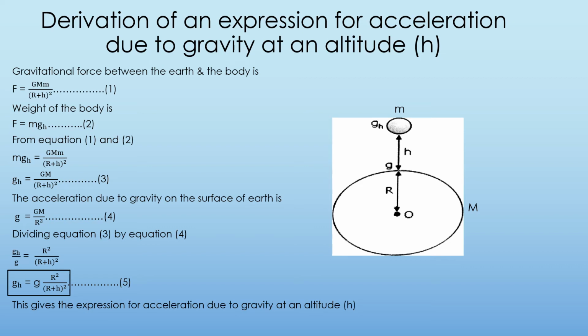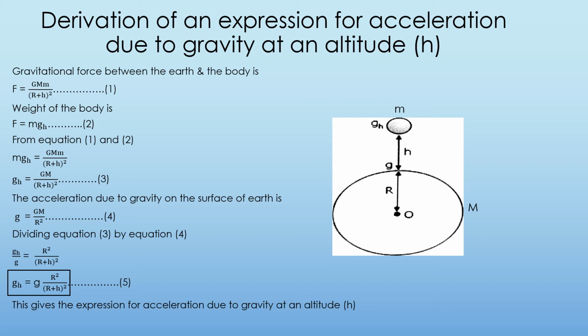Cancelling small m on both sides, g_h is equal to G M divided by R plus h whole square. We'll consider this as equation 3. Now the acceleration due to gravity on the surface of the earth is g equal to G M divided by R square. We'll consider this as equation 4.